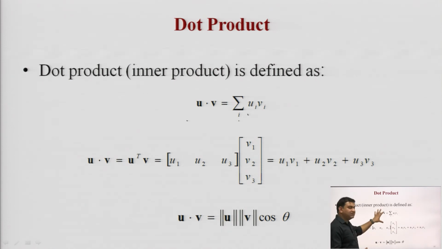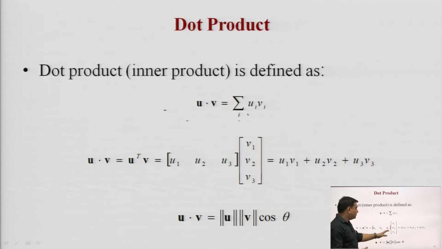Okay. So, this is the generalized product of the two vectors, but here we have taken only three-dimensional vectors u and v, where u dot v can also be given as u transpose v, where u transpose is represented as u1 u2 u3 in row form, and v is represented as v1 v2 v3 in column form.